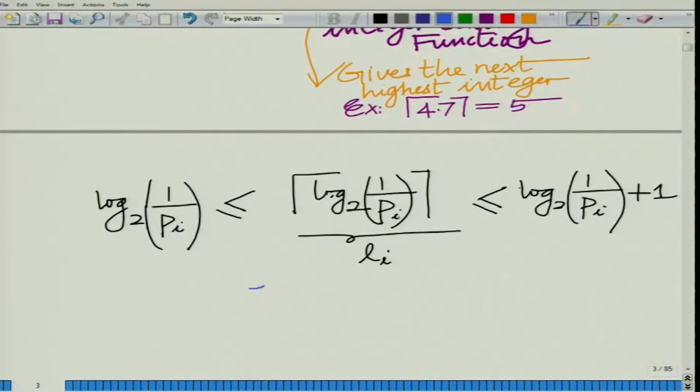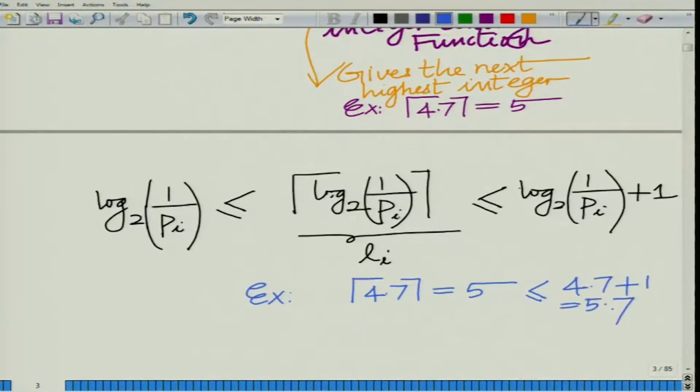For example, ceiling of 4.7 is 5, and this is less than or equal to 4.7 plus 1, which equals 5.7, and this is greater than or equal to 4.7.